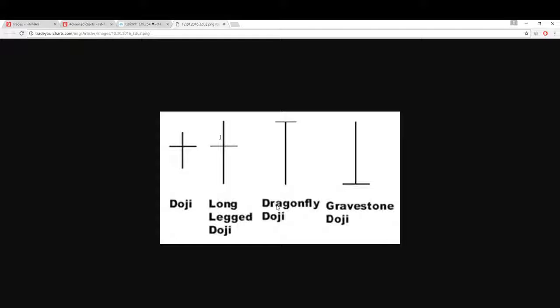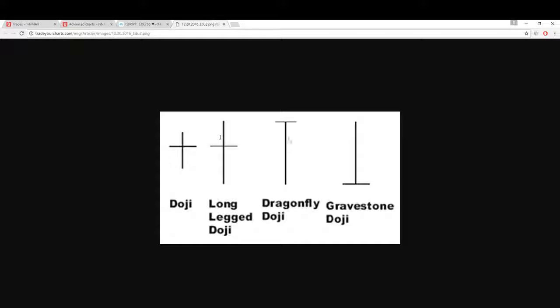These patterns are more serious, and they can show the reversal of the market, the reversal moving. Okay, so the dragonfly, as you see, has an almost non-existent body and a long lower shadow, or wick, if you call it so.